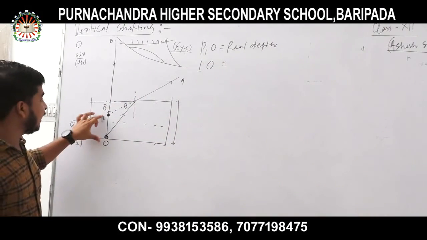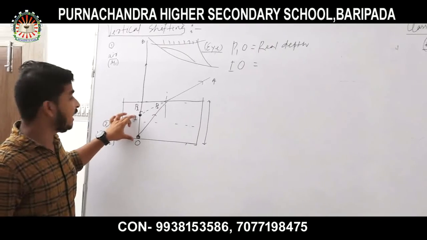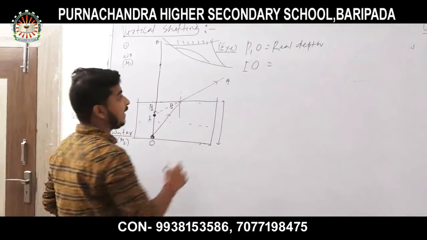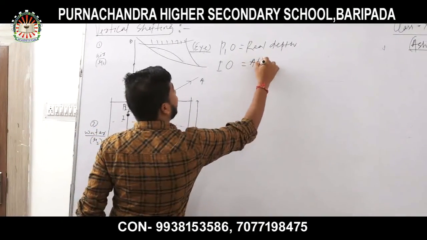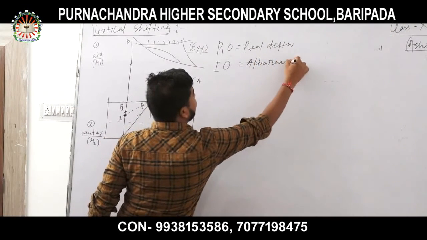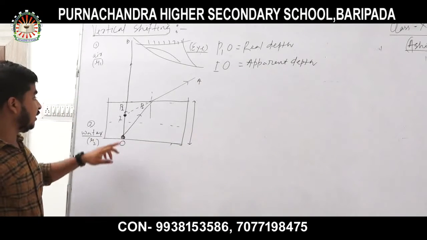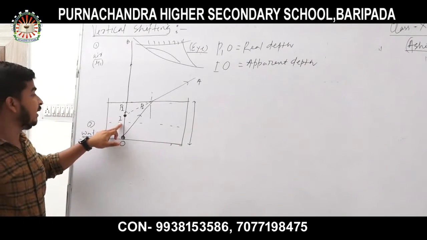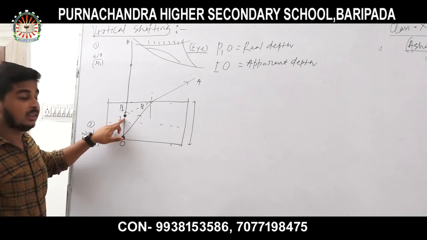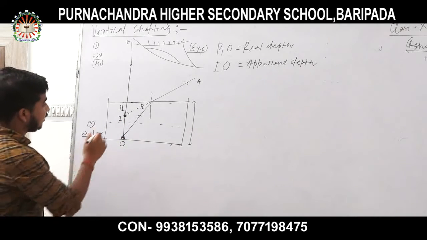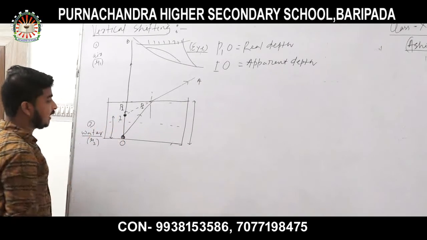IO is known as apparent depth, because the object seems to be here, but originally the object is here. So this is the shifting IO.